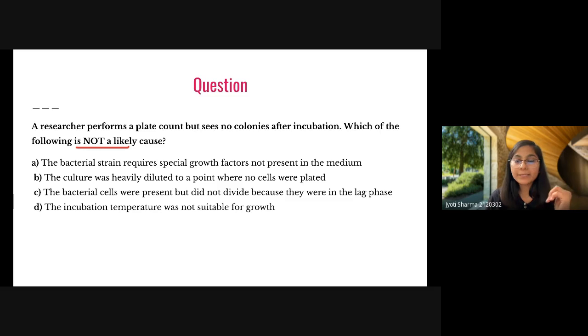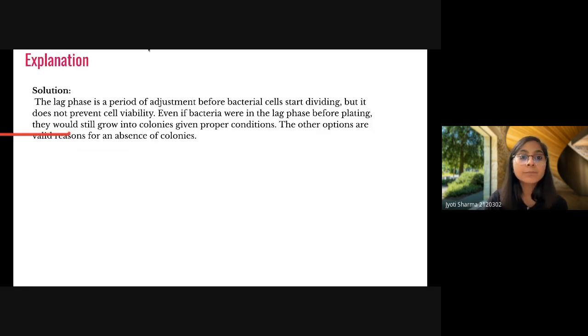So what will be the right answer for this? This is: bacterial cells were present but did not divide because they were in the lag phase. Let me tell you the reasoning here. The lag phase is the period of adjustment, as I already told you, but it doesn't prevent cell viability.